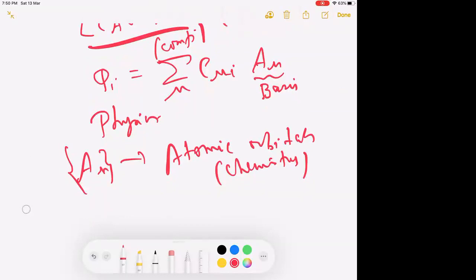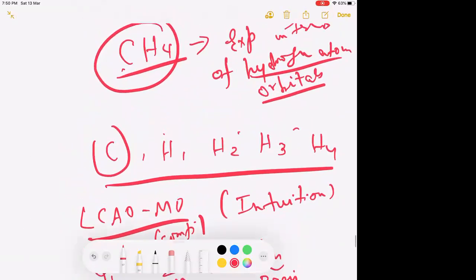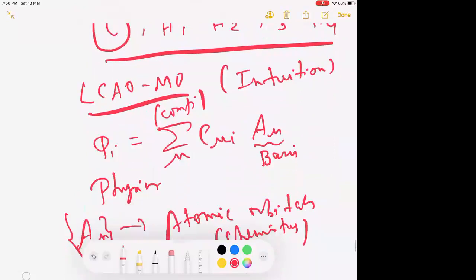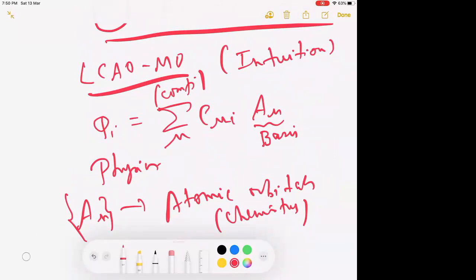Chemistry will further tell you that if you have a polyatomic molecule or a diatomic molecule, do not take only one atom. Take all the atoms. So the entire concept of LCAO-MO is driven by chemistry, and the chemist tries to interpret.